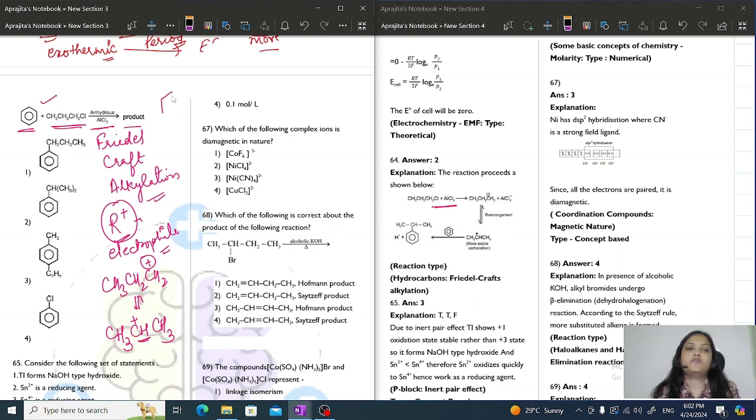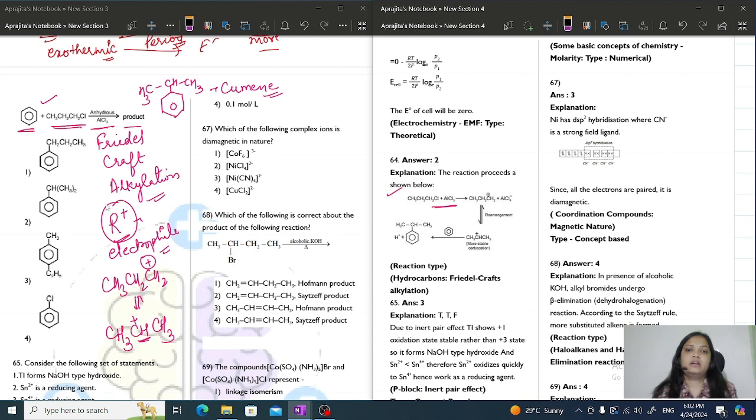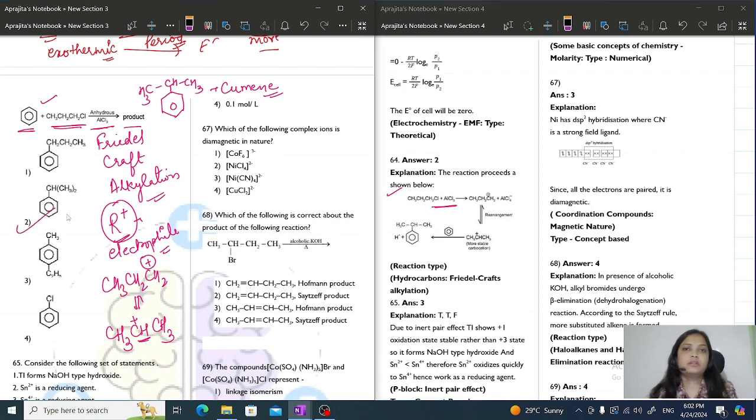The product formed will be isopropyl benzene, CH(CH3)2, which we also call cumene. So this is how this reaction happens, and the answer is option number 2.